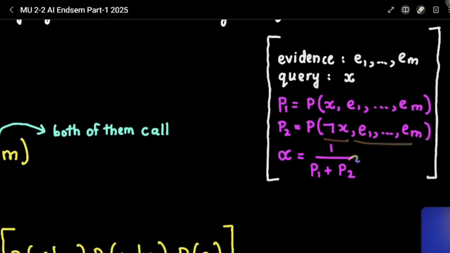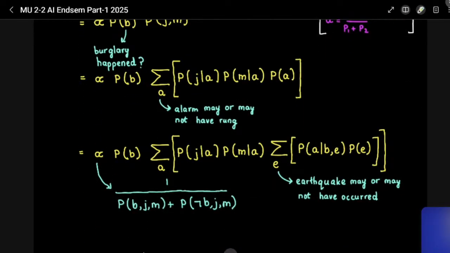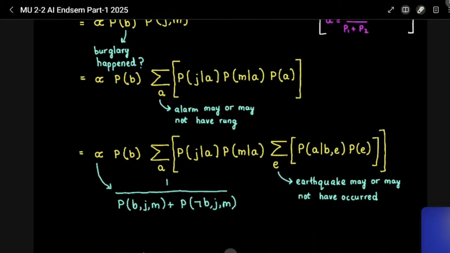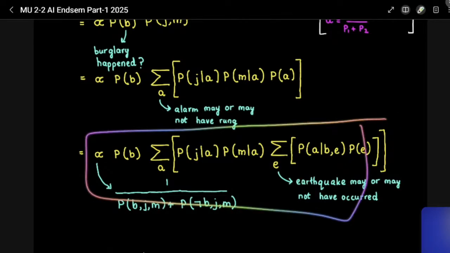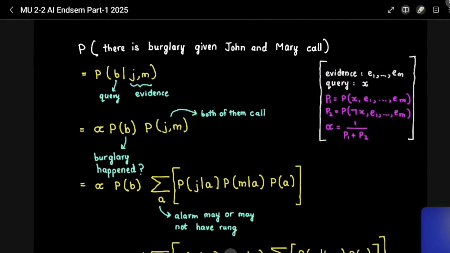So alpha is nothing but 1 by the summation of P1 and P2. Here the query is B and evidence is J and M. So alpha is going to be 1 by probability of the query and all the evidences, plus not of query and all the evidences. That is going to be my alpha. If you open the summation, you will be able to substitute all the values from the Bayesian network and you'll be able to find the probability of this question: the probability that there's a burglary given John and Mary call.